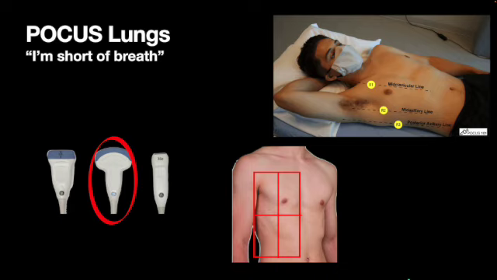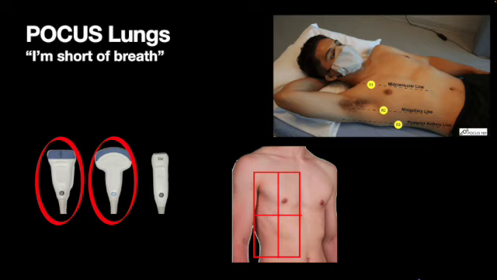So I grab my curvilinear probe, and I'm looking at each hemithorax, basically lawnmower through each lung field. Just make sure that you're looking at each side of the patient in its entirety. Now, I might go ahead and grab my linear probe if I can't seem to get a good visualization of the pleura with my curvilinear probe.